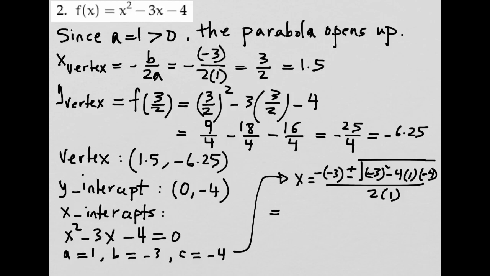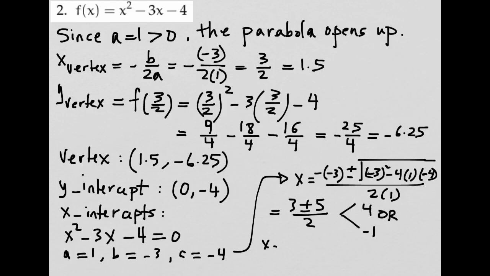That's equal to 3 plus or minus the square root of 9, that's minus 3 squared, and minus 4 times 1 times minus 4, that's 16. 9 plus 16 is 25, and the square root of 25 is 5. All divided by 2. This gives us 3 plus 5 over 2, which is 4, or 3 minus 5 over 2, which is minus 2 over 2, that's minus 1.